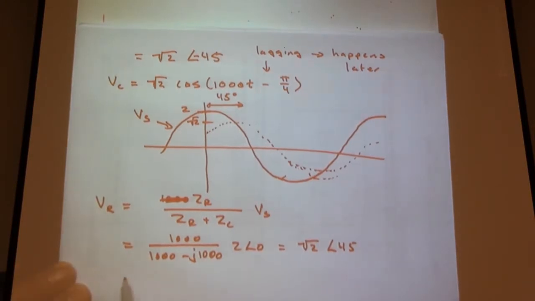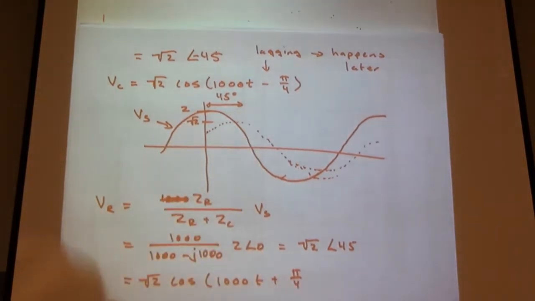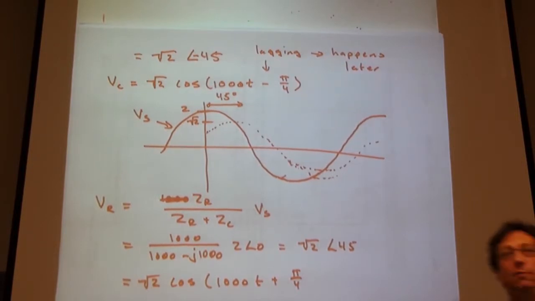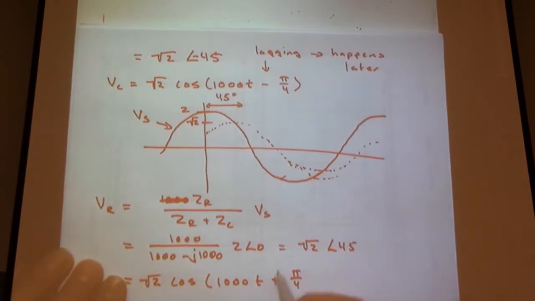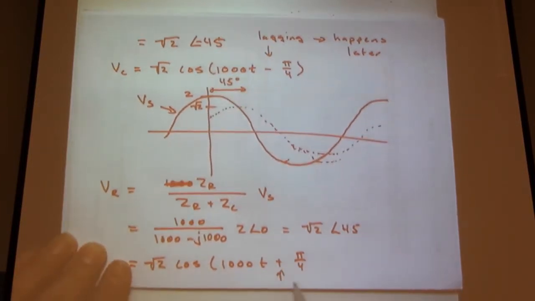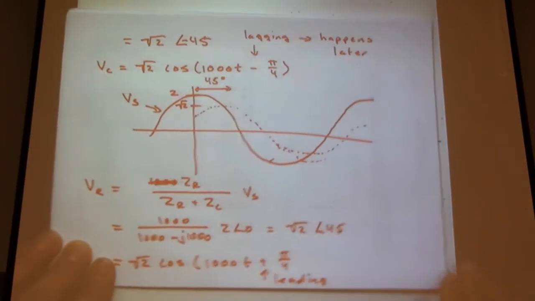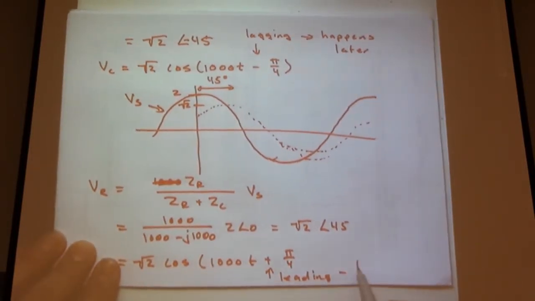Well, we can again write this as square root of 2 cosine 1,000t plus pi over 4. And if I attempted to draw that on this above plot, we would wind up with the peak occurring before the source voltage. In this sense, leading. So our phase is positive, we're leading, and you could say it happens before.